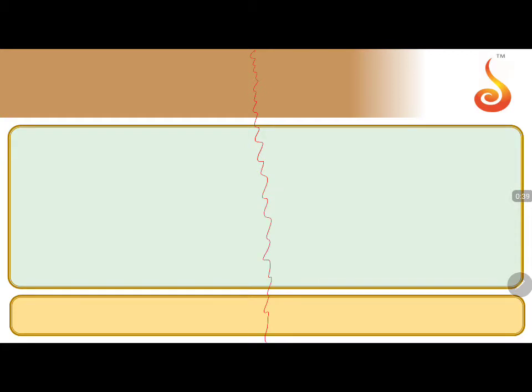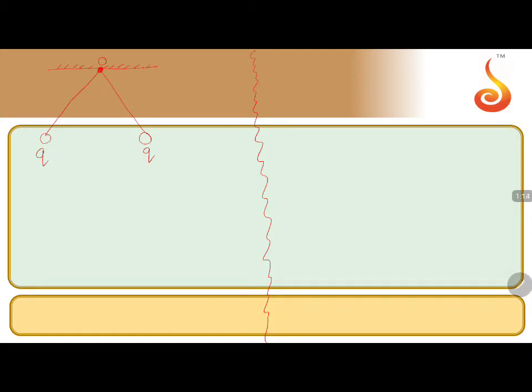There are two strings of equal length. The length of each string is L. Two spheres carrying the same charge have been tied to the ends of the strings, and the two strings are suspended from the same point.